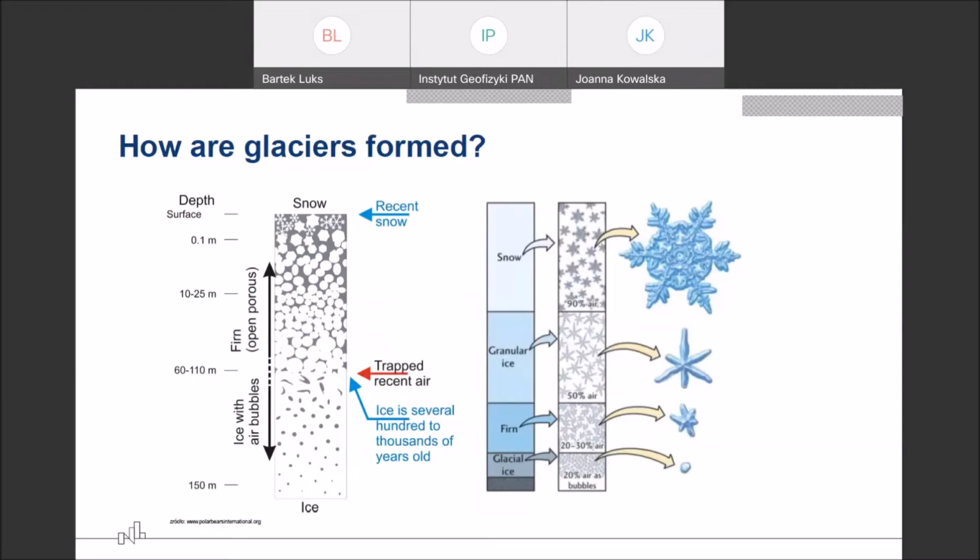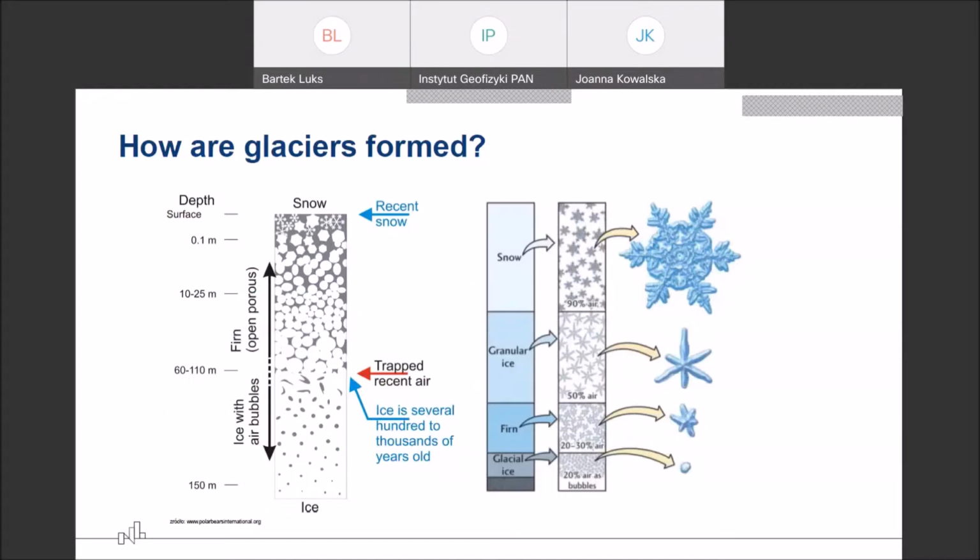Those are like bigger ice crystals with quite a lot of air trapped between the firn crystals, and they are formed at the depth of 5, 10, 25 meters.